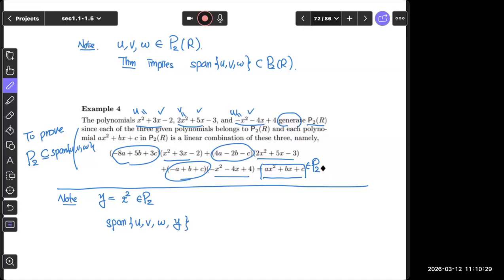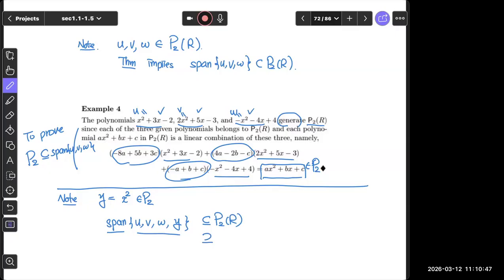Please note, first of all, that the span of these four polynomials will be a subset of P2 by the theorem we considered. So one direction is easy. Then how about the other direction?